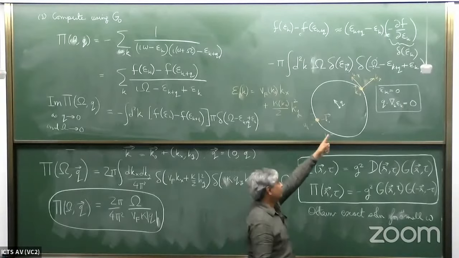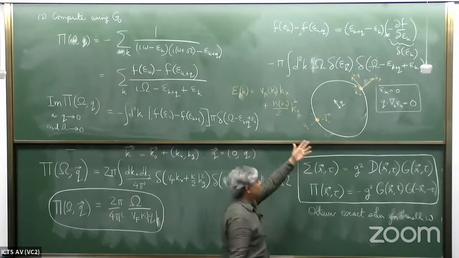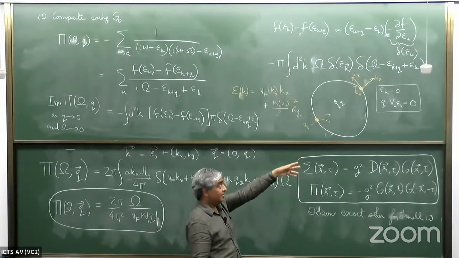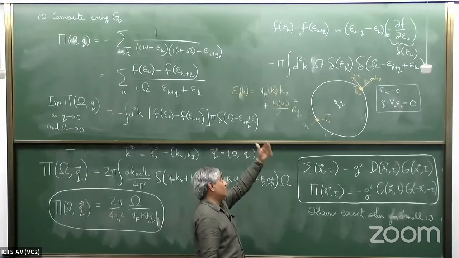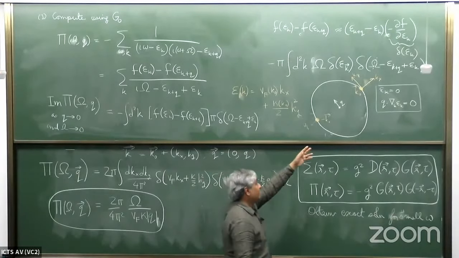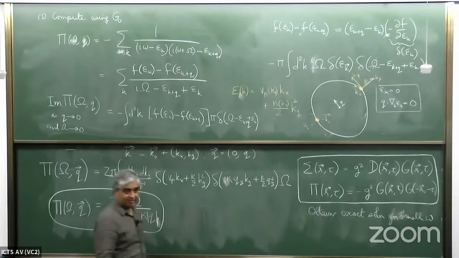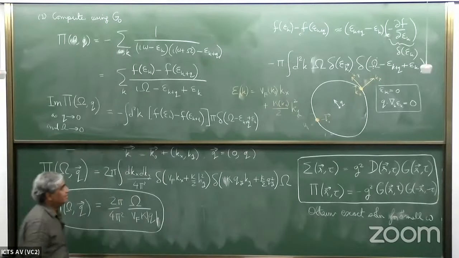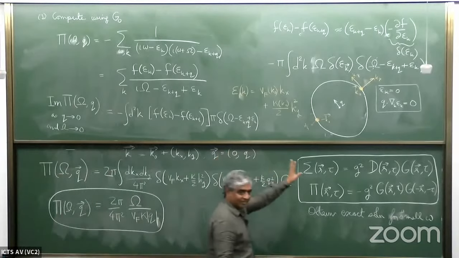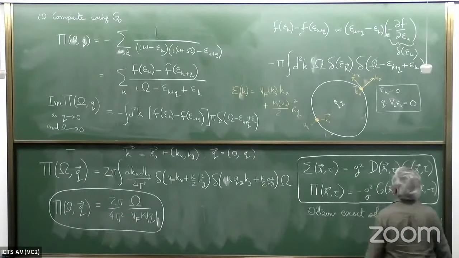You look at the second delta function, that's where the omega minus ek plus q plus ek, that's telling you you're absorbing energy omega by an electron moving from k to k plus q, and q is tangent to the Fermi surface, not orthogonal. That completely dominates this process, and this is crucial to everything.